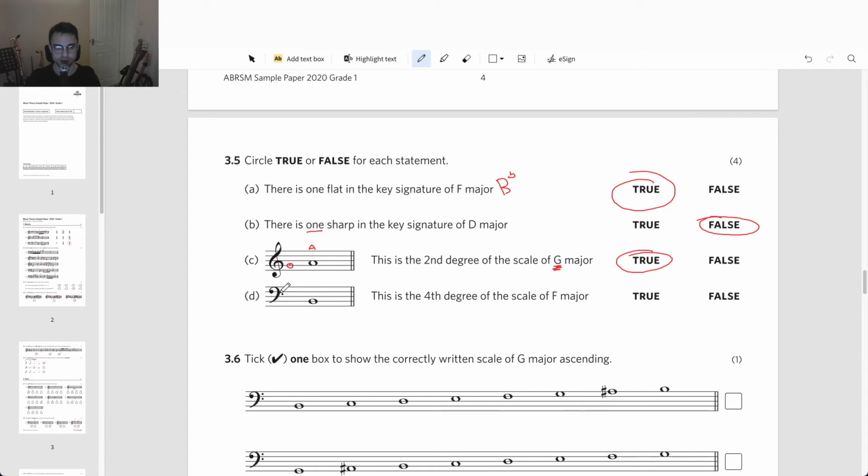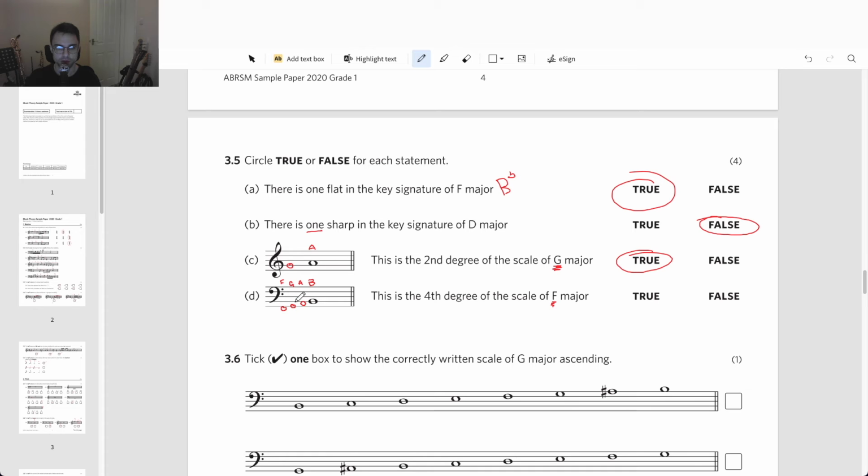And in the bass clef, this line is B. So now let's count 4 notes down and see if we get to F. B down to this space is A. Down to this is G. And down to this space here is F. So we've got 1, 2, 3, 4.